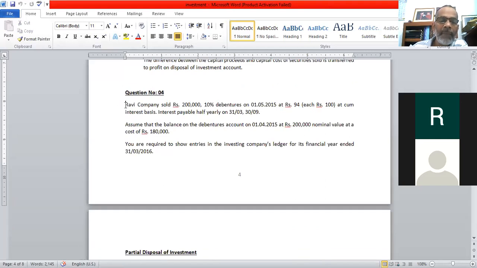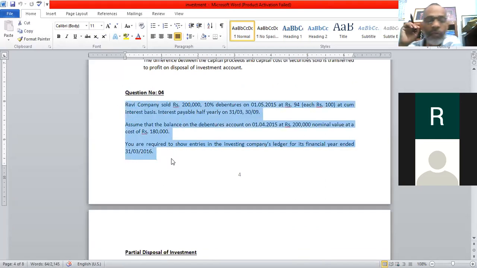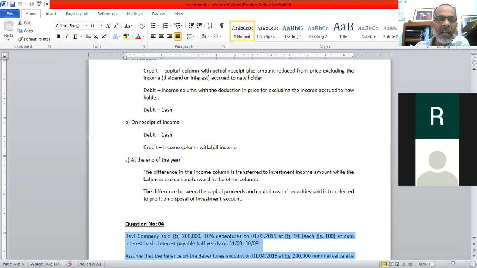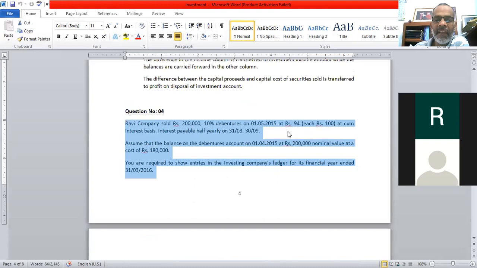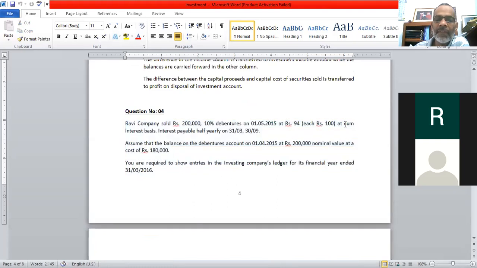Ravi Company Limited sold 200,000 10% debentures on the same day, 1st May 2015, at a price of 94 for each 100 rupees on a cum interest basis. Interest payable, can you make it as an ex basis?